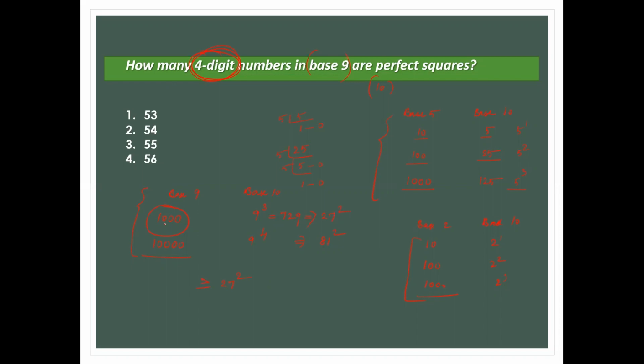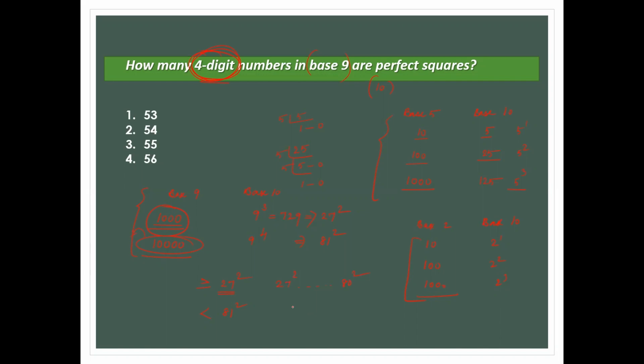Because 27 squared, this is equivalent to 1000, the least 4-digit number, so I have to include this. So 27 squared included, but it definitely has to be less than 81 square. It cannot be 81 square because 81 square becomes a 5-digit number. So the number below this was a 4-digit number, so it has to be below that. So only from 27 square up to 80 square can be counted.